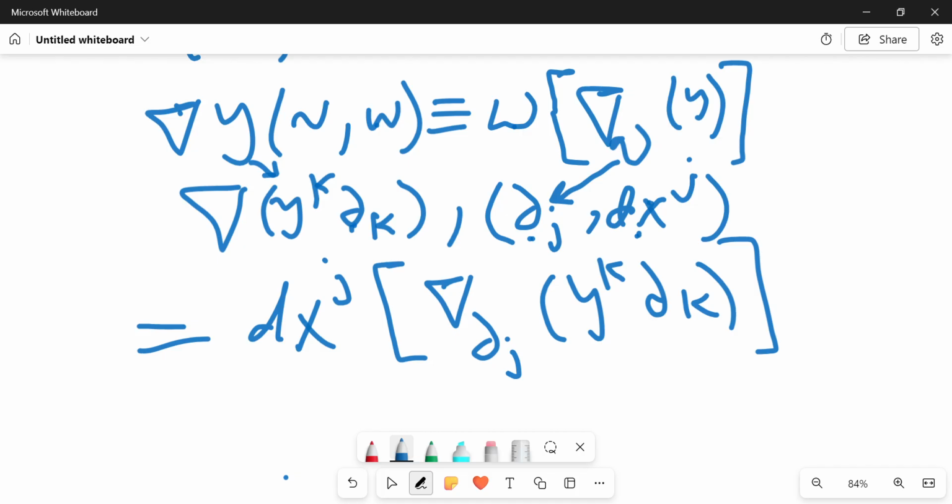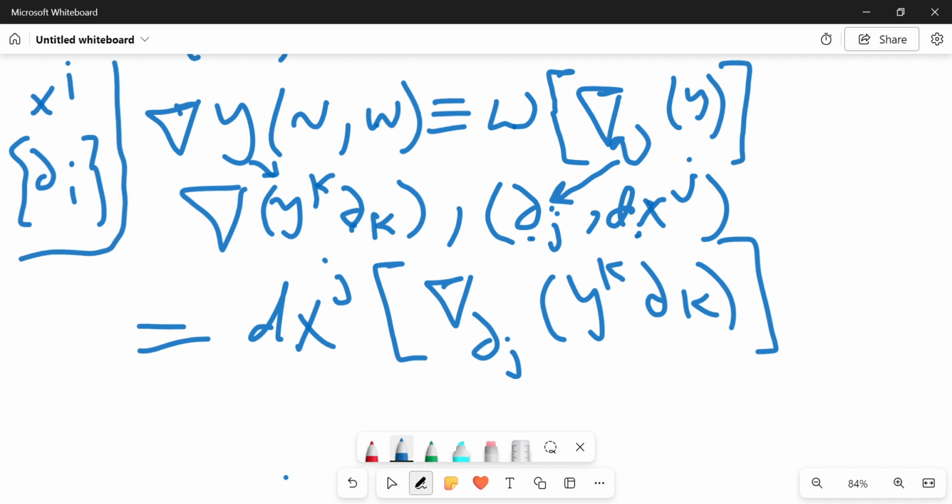So we moved from the non-coordinate general definition to a particular coordinate system, which is the d_i basis system, with x^i as the coordinate system. And we said the definition is reduced to dx^j of del_v y. V is a basis.